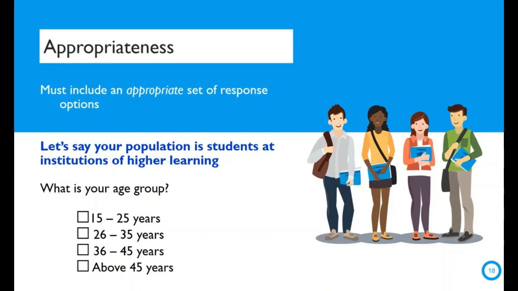Whenever you are going to develop your categories, you cannot start from 5 years or maybe 50 years, right? As you can see here, these are logical in order to measure the age of students at institutions of higher learning. So the responses should be appropriate.